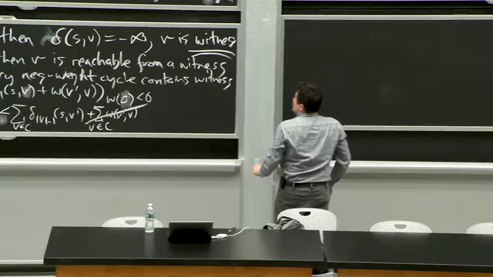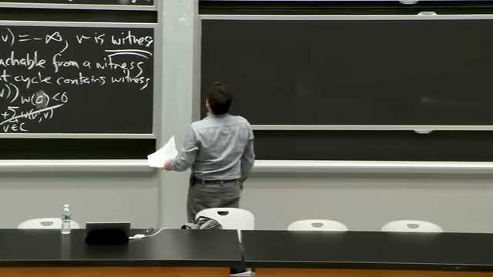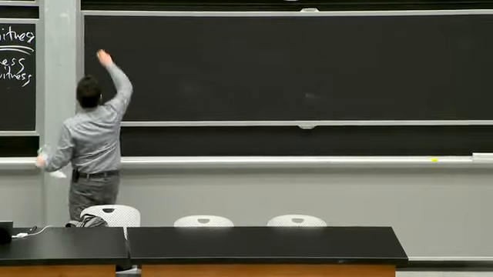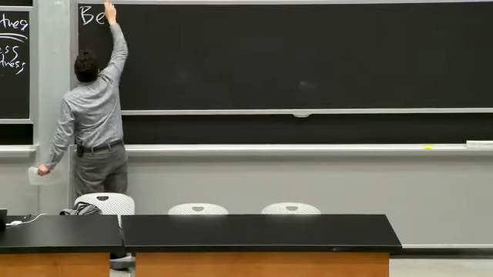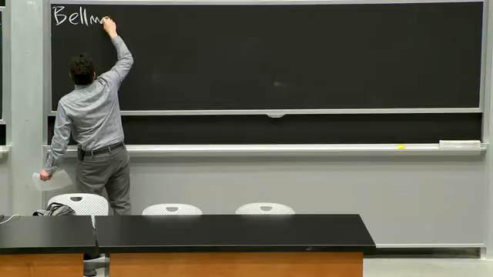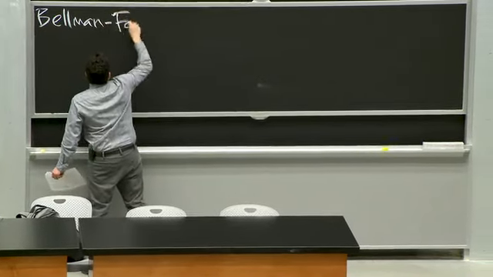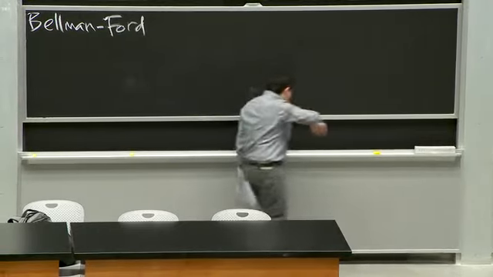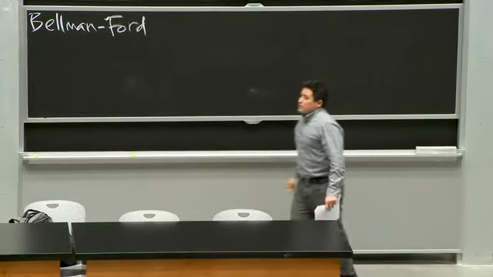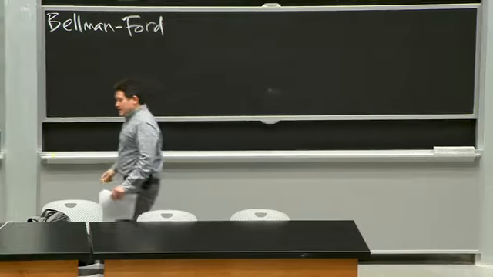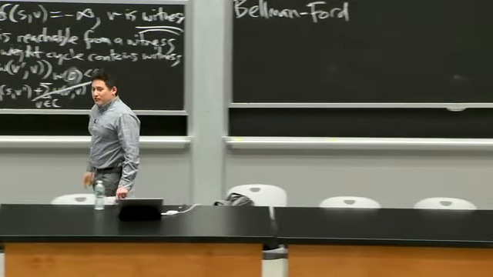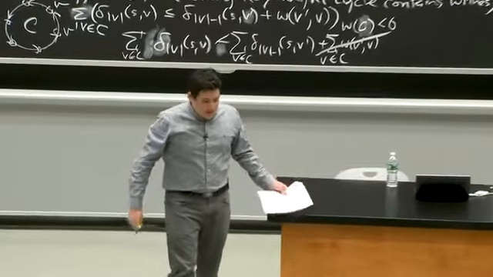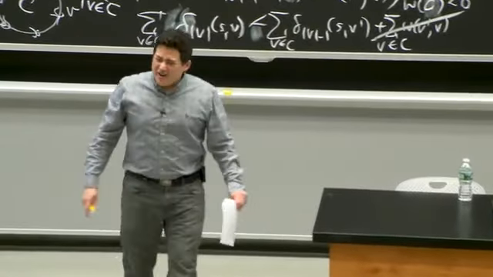So now we finally are able to get to our algorithm. All right, Bellman-Ford. And what I'm going to show you today is a little different than what is normally presented as Bellman-Ford. The original Bellman-Ford algorithm does something a little different, and because it does, which we'll talk about at the end, it's a little hairier to analyze.